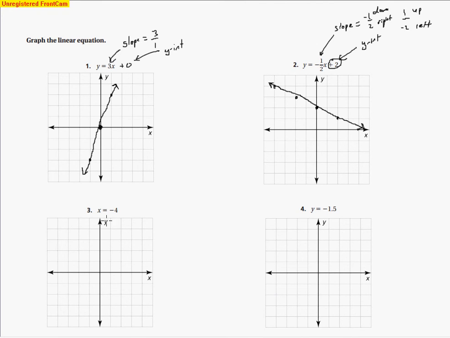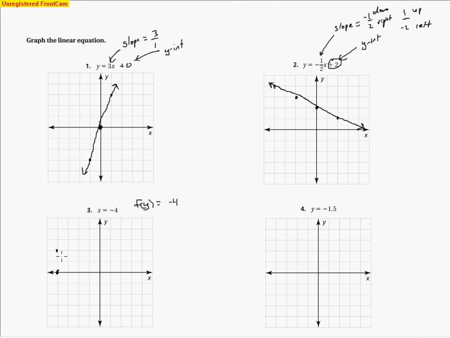So on this one, we have just x. There's no y here. So this is actually a function of y. And that function of y is saying that x equals negative 4. And so x is always going to be negative 4. So if I go over to negative 4 on the x-axis, no matter what value of y I plug into the function, x is always negative 4.